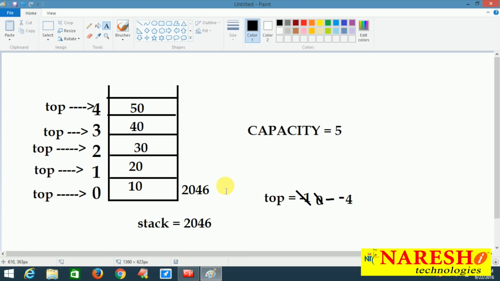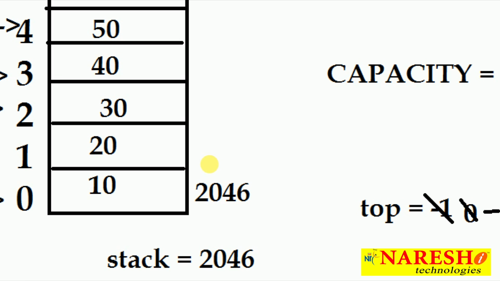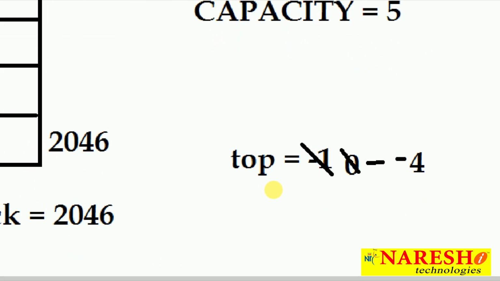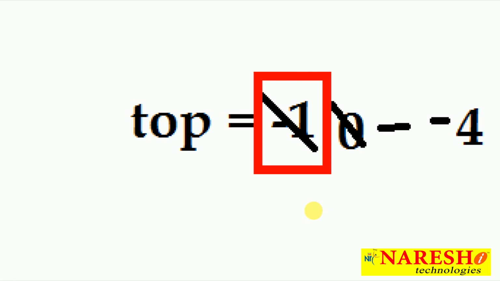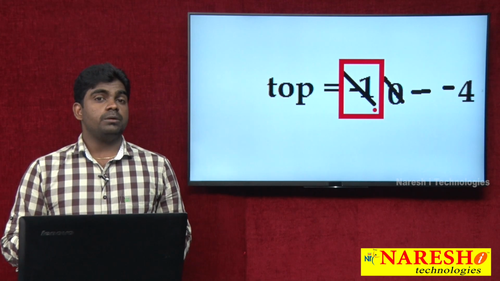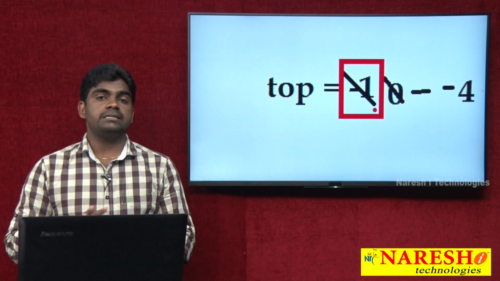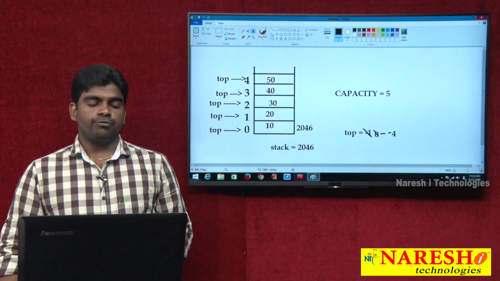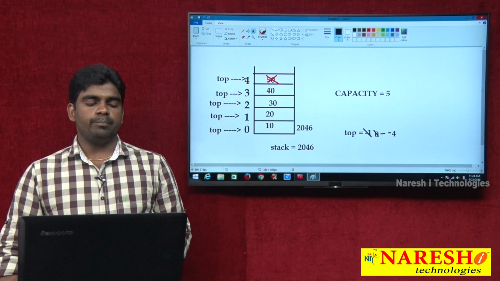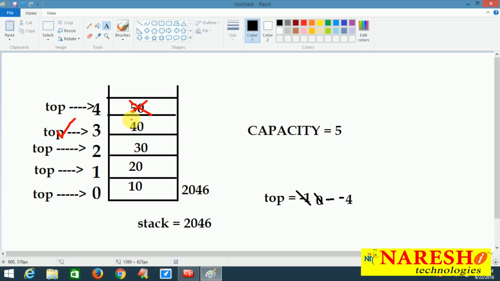See, whenever you create the stack, in the beginning, what is the top value? Top value is -1. Top value -1 means what? By that time there are no elements in the stack. And one more thing, suppose you delete 50, top becomes 3. After deleting 40, top becomes 2, because top minus minus, after deleting the item you are decreasing the top value.